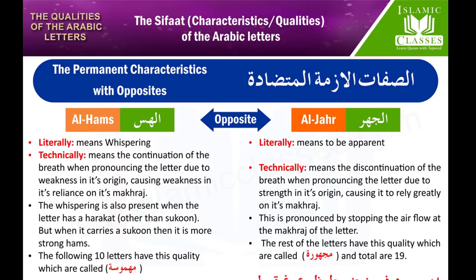If any letter has fatha or kasra or dhamma, this al-hams quality is still there, but they are saying other than sukoon, meaning whenever the sukoon sign comes on the letters of al-hams, at that time the al-hams quality is more strong.